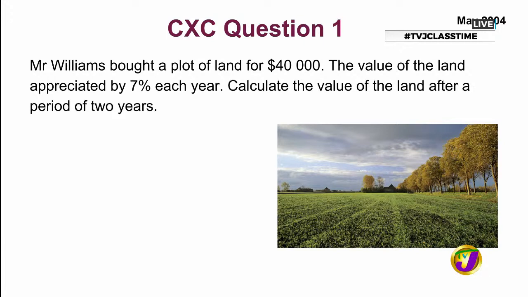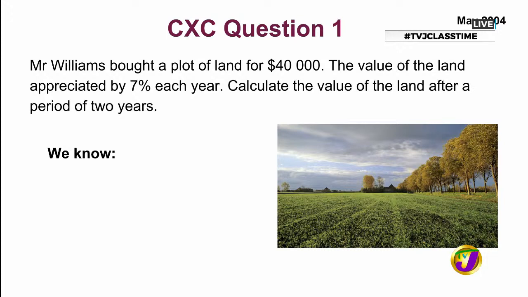All right. So here we have a CSEC question from the May 2004 paper. And it reads, Mr. Williams bought a plot of land for $40,000. The value of the land appreciated by 7% each year. Calculate the value of the land after a period of 2 years.